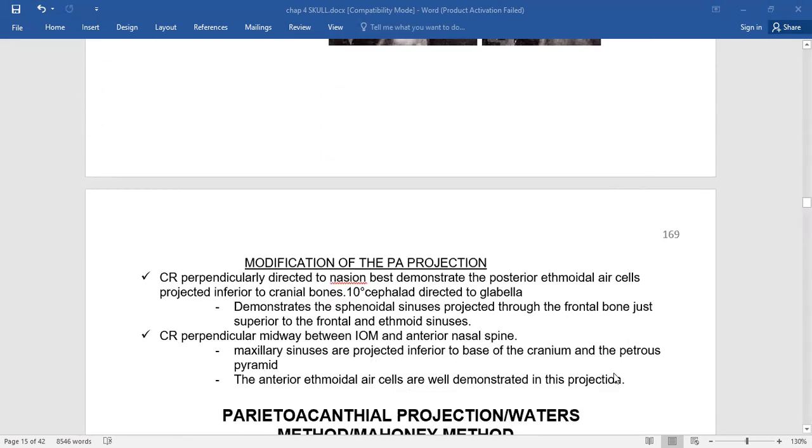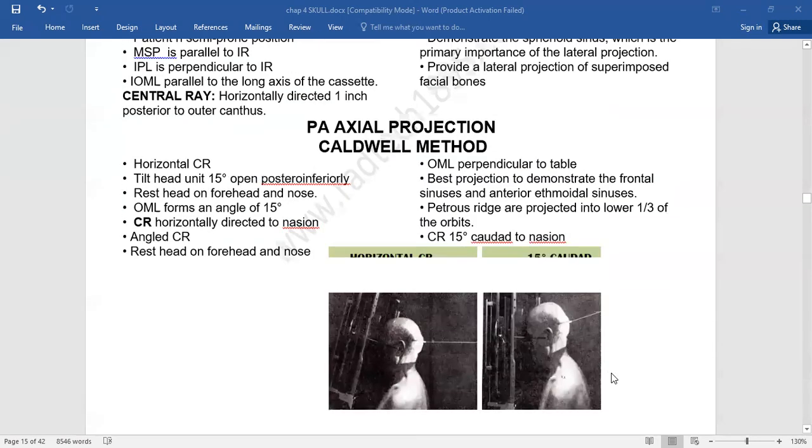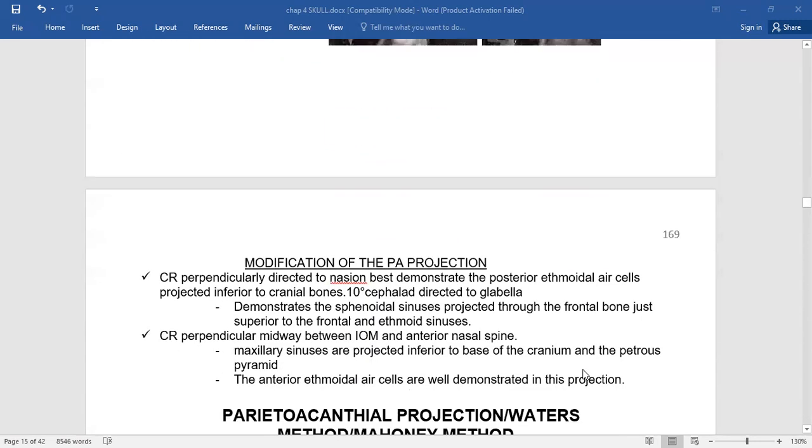So, modification of the PA projection, di ba PA ito, PA axial. CR is perpendicularly directed to nasion to best demonstrate the posterior ethmoidal air cells. Again, another term for sinuses is air cells. So, inferior to cranial bone. 10 degrees na pala directed to glabella to demonstrate the sphenoidal sinuses.